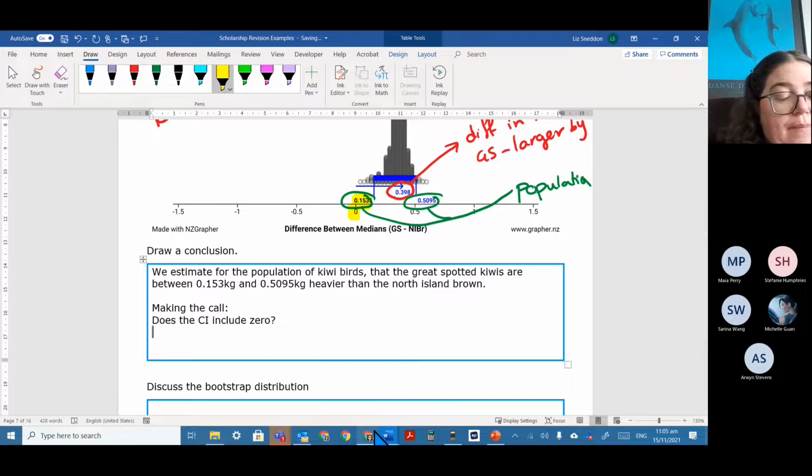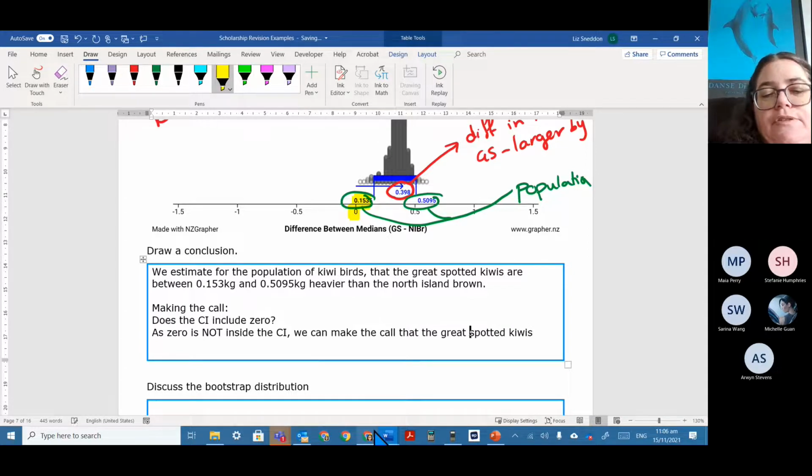So that means as 0 is not inside the confidence interval, we can make the call that the great spotted kiwis, I should use the word median, that the median weight of great spotted kiwis tends to be heavier than the North Island brown.